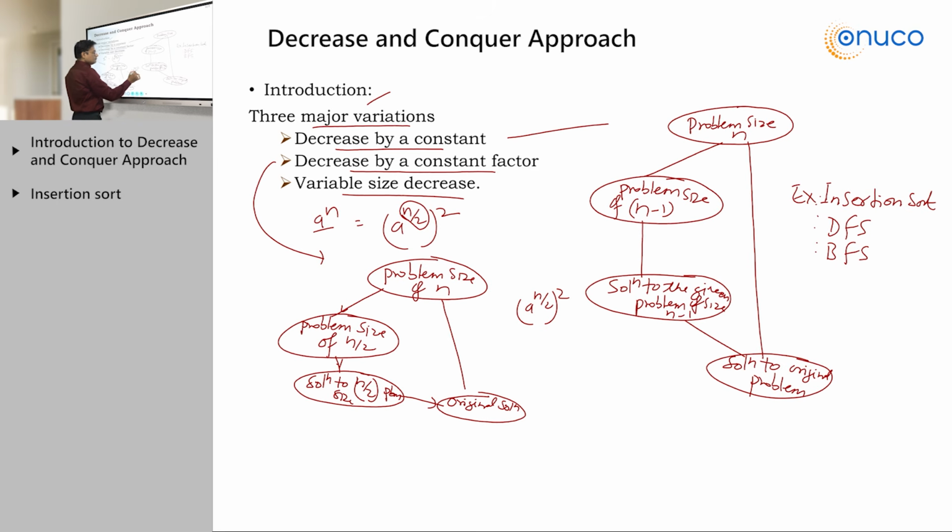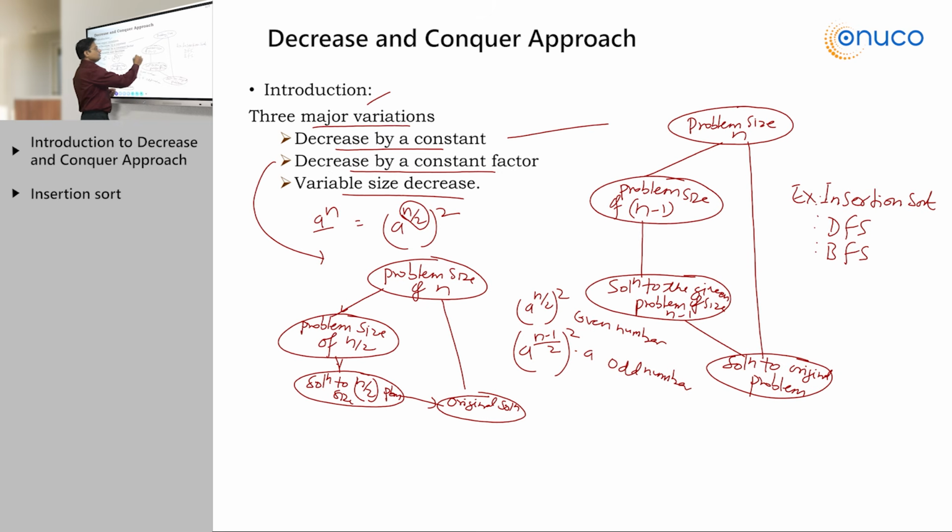If n is an odd number, then we have a to the power n minus 1 divided by 2, whole square, into a. So say it is 9, 9 minus 1 divided by 2 is 4, so a to the power 4 squared gives a to the power 8, into a, right? Like this, for an odd number.